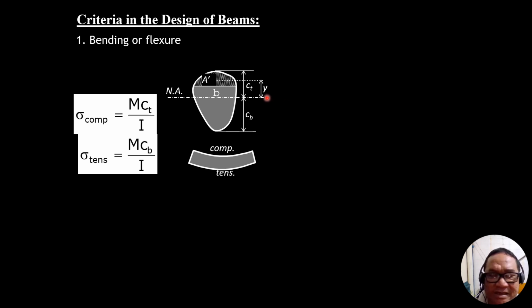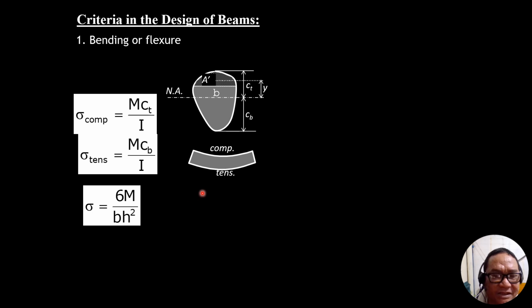By the way, the bending stress formula when the section is rectangular is, if you replace c by h over 2 and I by bh cubed over 12, it becomes 6M over bh squared. And this assumes that the bending stress for compression and tension would be the same.